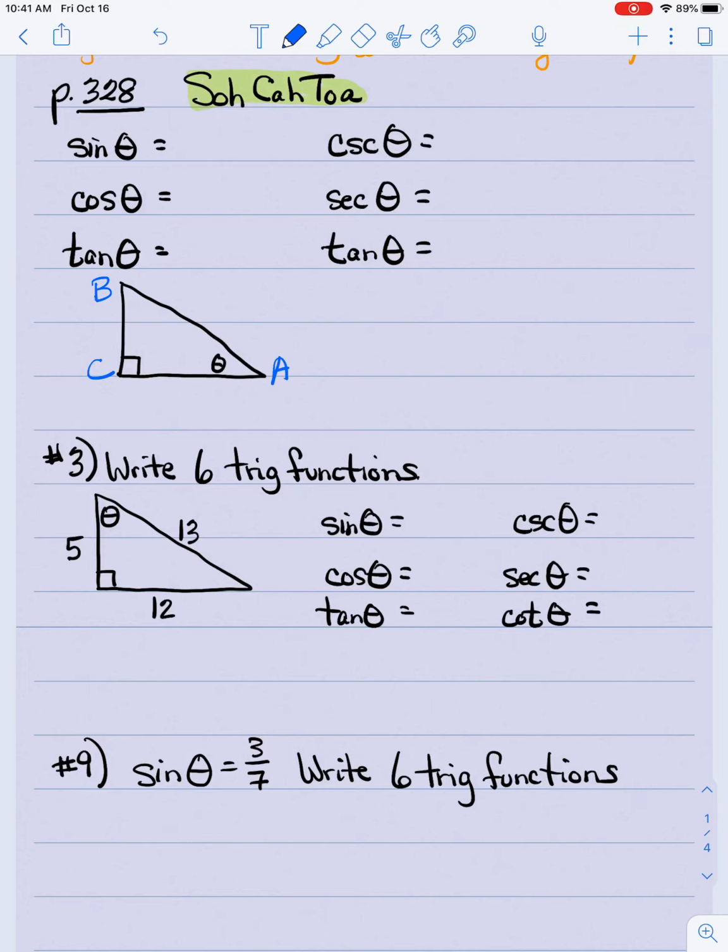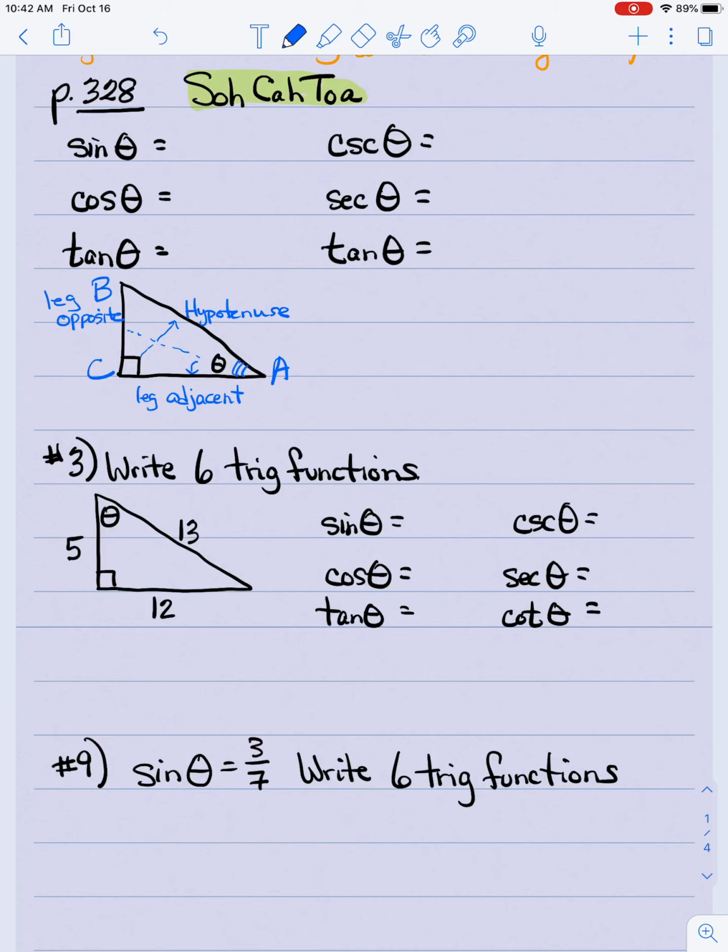When you're at A, or here at theta, across the triangle, we have the leg opposite. The leg next door is called the leg adjacent. And always and forever across from the right angle is the longest side of your triangle, or the hypotenuse.